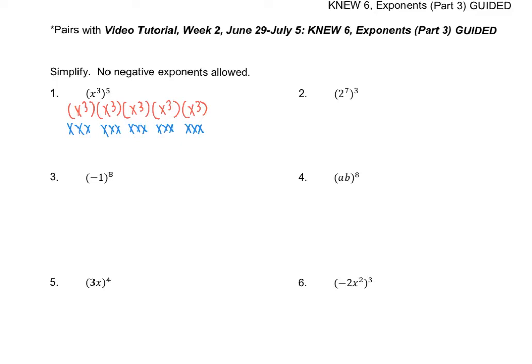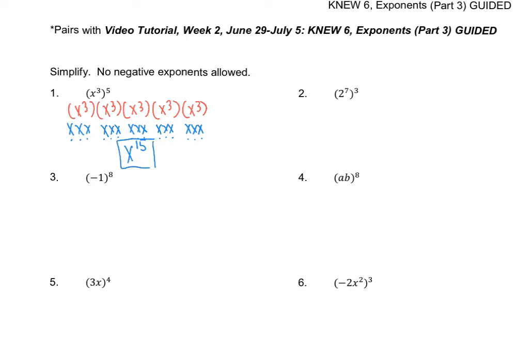So how many do I really have? That's 1, 2, 3, 4, 5, 6, 7, 8, 9, 10, 11, 12, 13, 14, 15. Okay, well, that makes sense, right? So if I have x to the third 5 times, that really means I have x to the 15th.